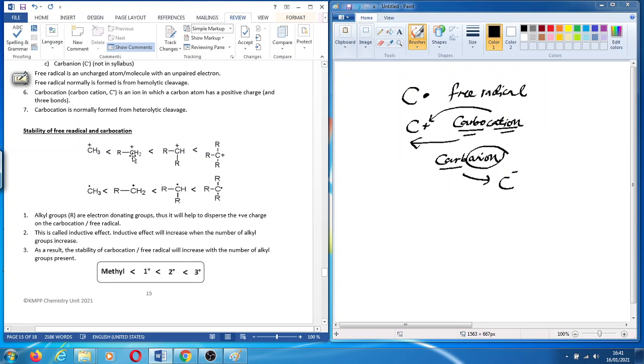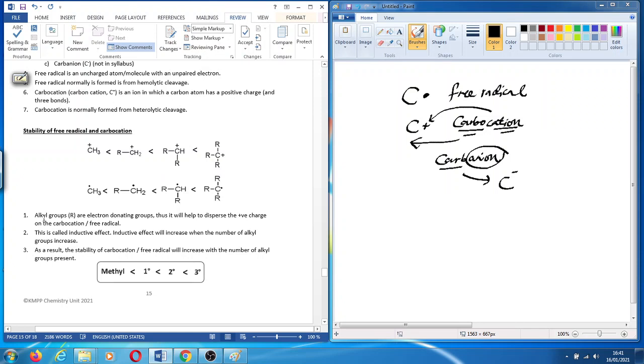Why primary carbon? Because the carbocation here is bonded to only one carbon. R here refers to an alkyl group. And the third here, the carbocation is bonded to two other alkyl groups. This is the secondary carbocation, and here will be the tertiary carbocation.